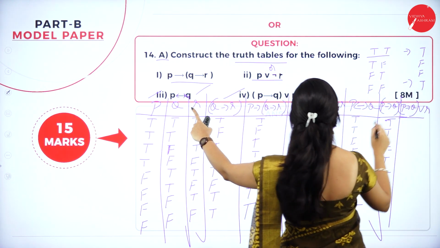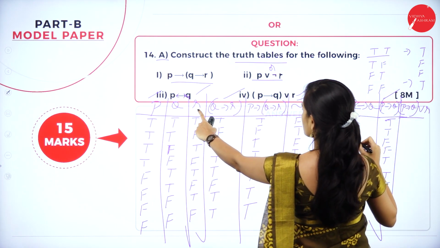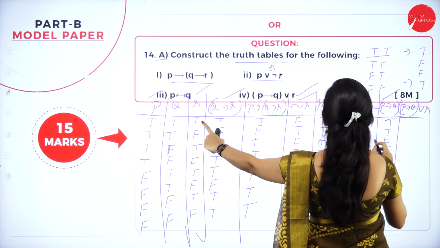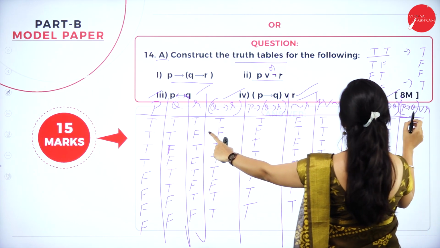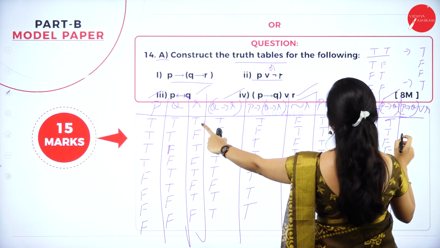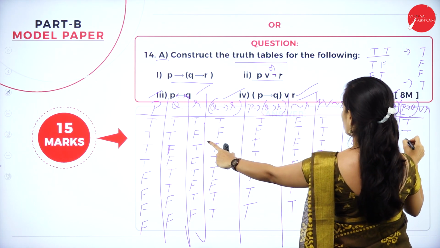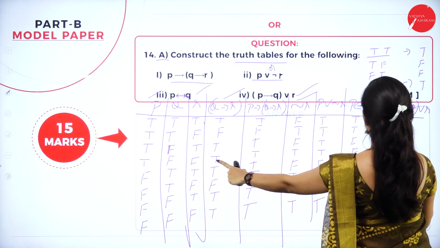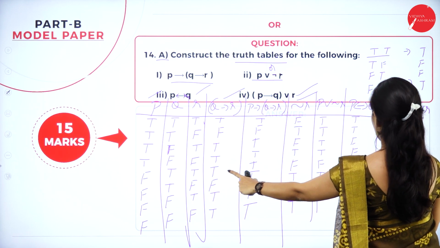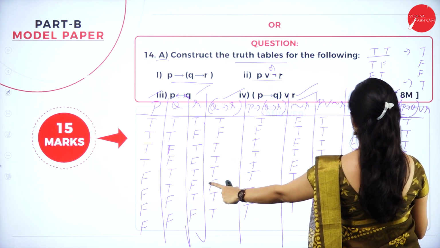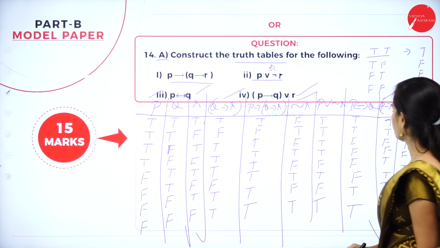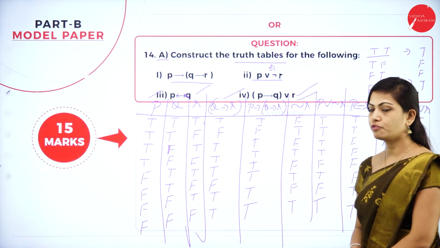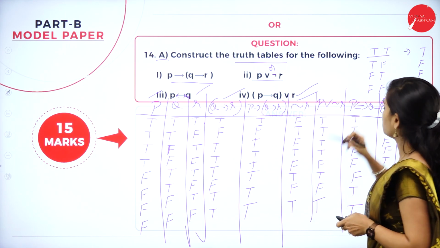So, you have to use this first and this is second. Just check this P implies Q and R. So true, true is true, true, true, false, true, and this false, true, true, and true. So this is your construction of truth table for 8 marks.